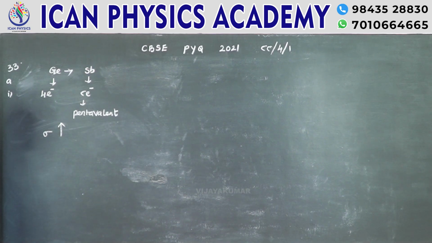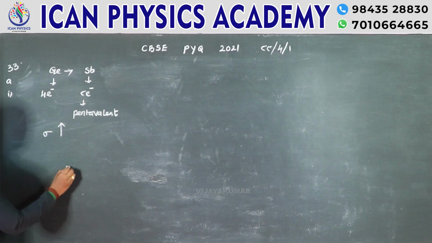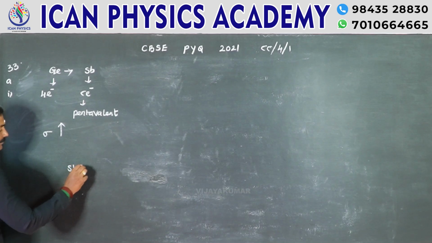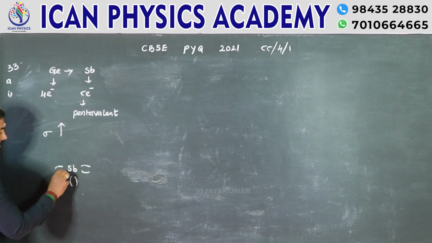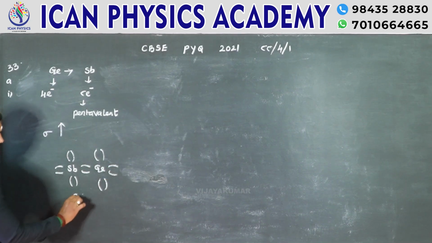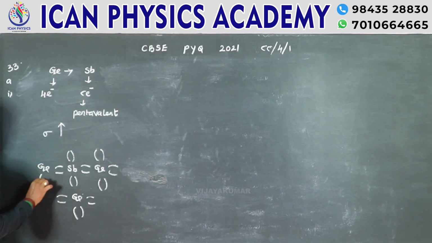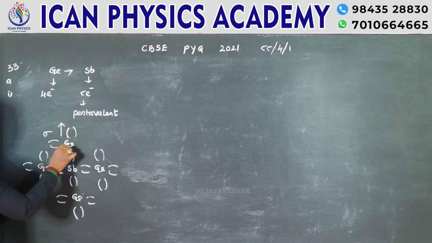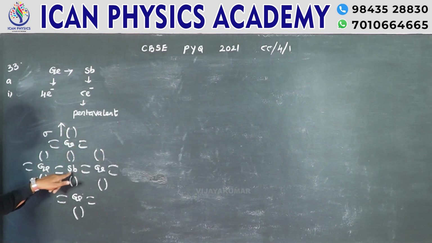So when antimony is doped with germanium, what is the valence electron count for antimony? It is 5 electrons.